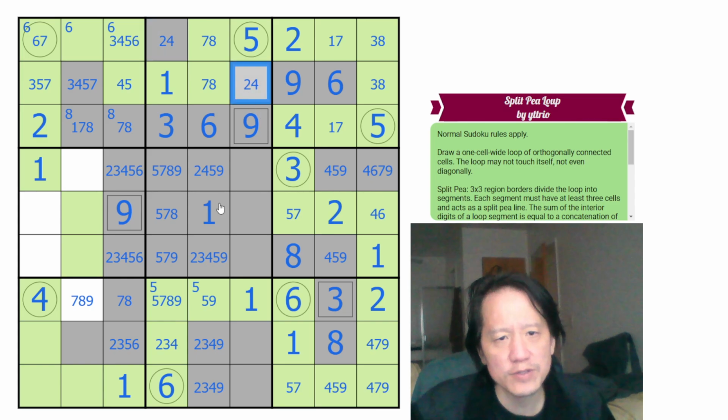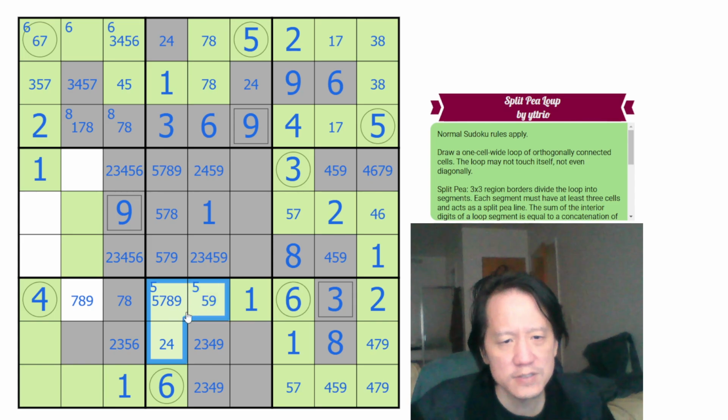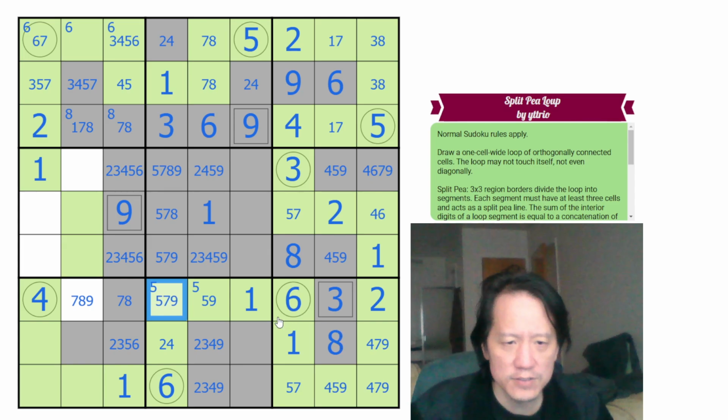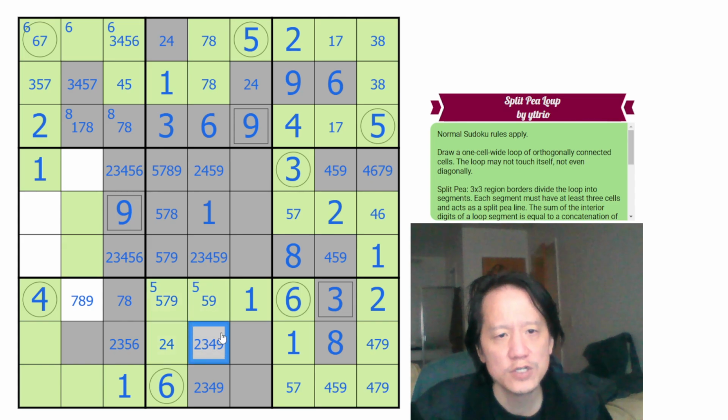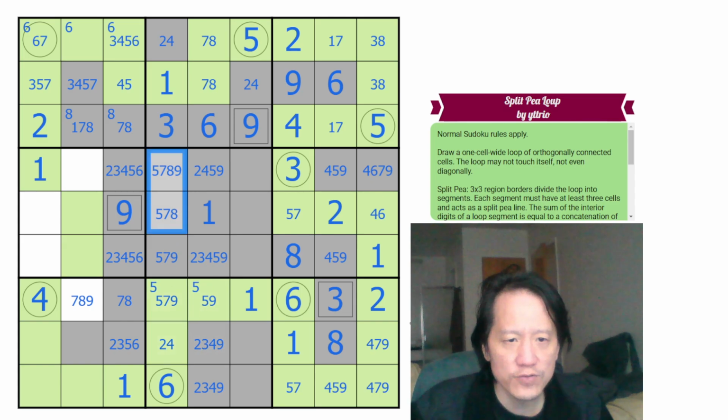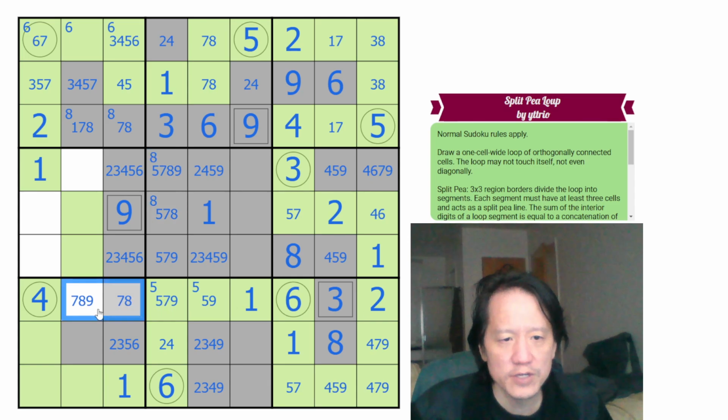This can't be 3 anymore, so it cannot be 3, 5, 8, right? Yes. So this can't be 8. This is 3, 5, and 2, 5, 9, or 4, 5, 7. We don't know which. So first of all, we know the 8 is here. We also know the 8 is here, because it can't be there anymore. So this is 3.